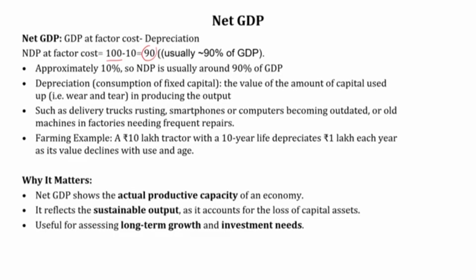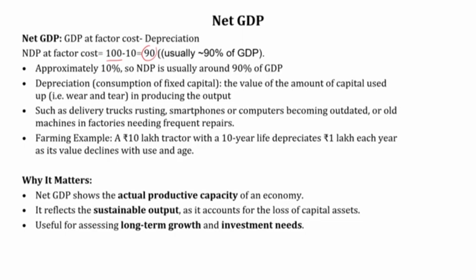Examples are delivery trucks rusting, smartphones or computers becoming outdated, or old machines in factories needing frequent repairs. So the farming example: a 10 lakh tractor with a 10-year life depreciates 1 lakh each year, and its value declines with use and age.